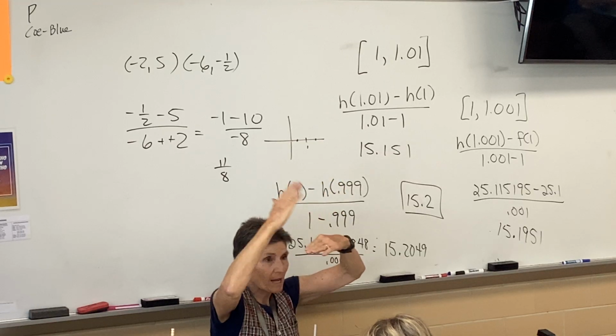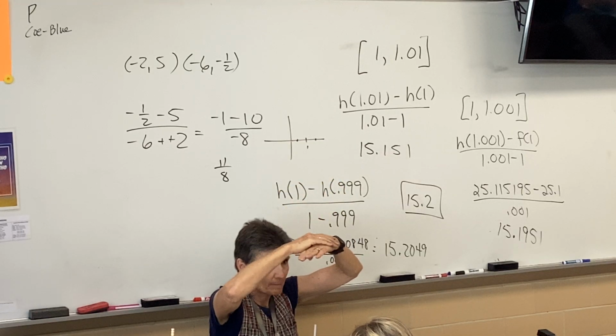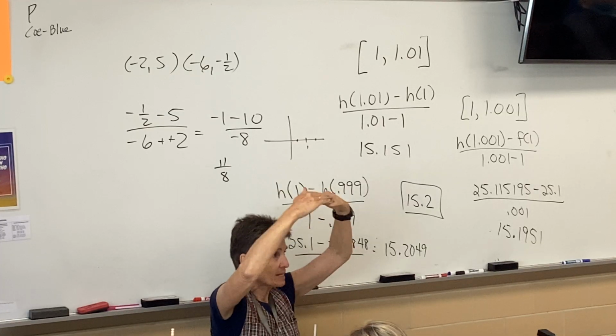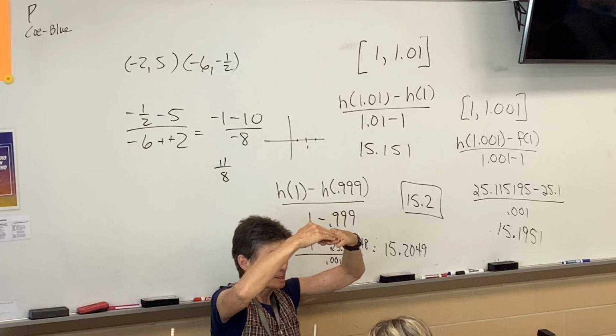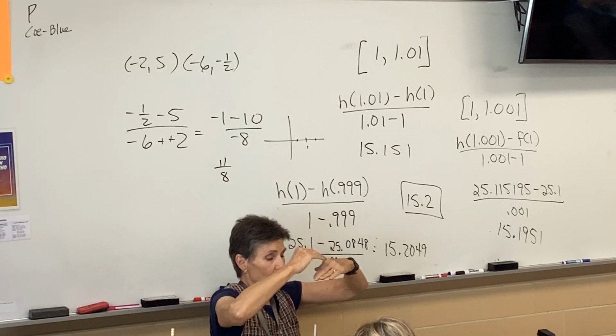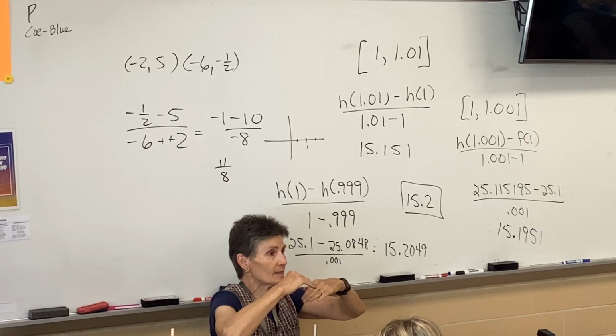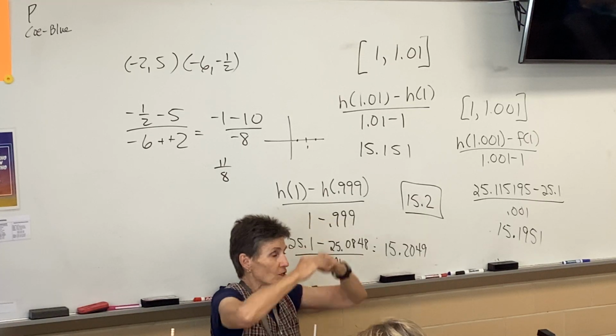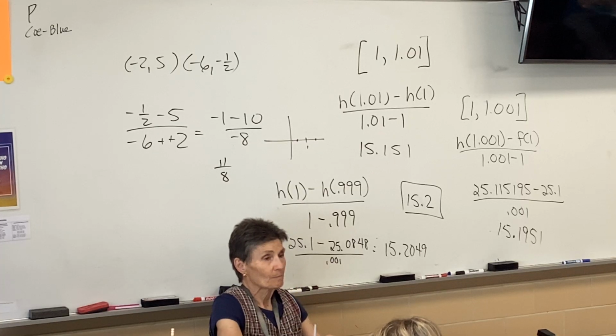When we talk about F, we're talking about y. And if F is positive, it's above the x-axis. So the graph of F is positive. The graph of G is negative, and the graph of H is positive.